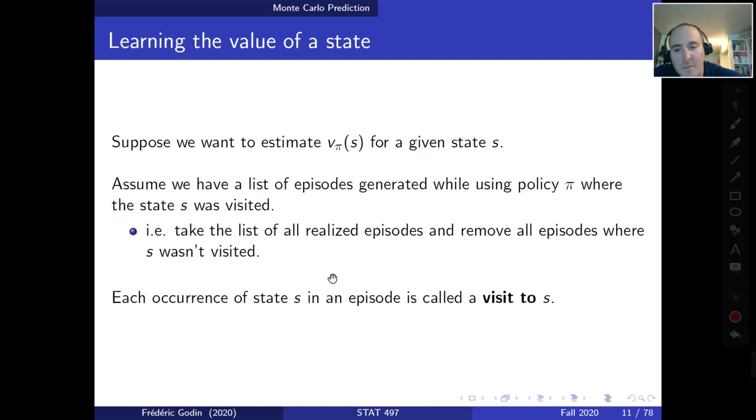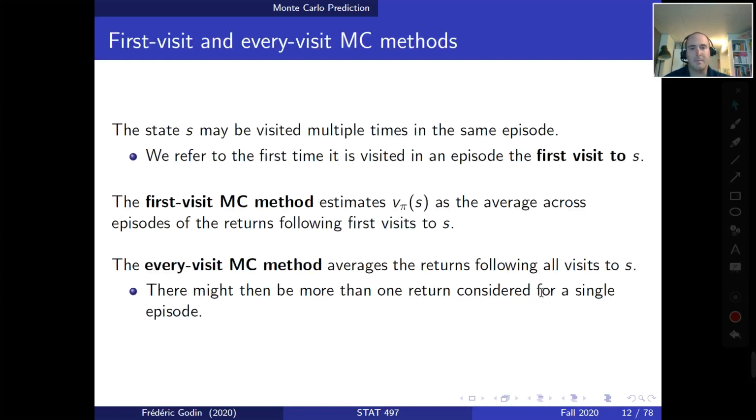So every time the state s occurs in these episodes, this is called a visit to s. So a visit to s is the time point for a given path where your current state is s. For a given path, there might be multiple visits to s.